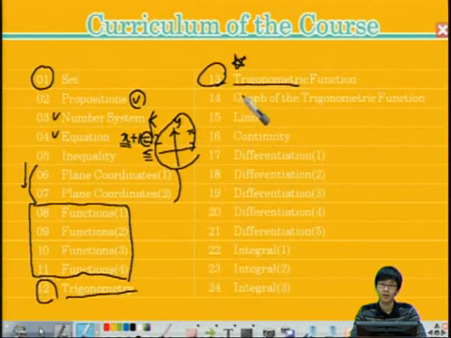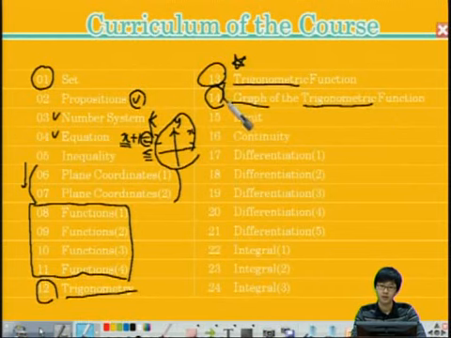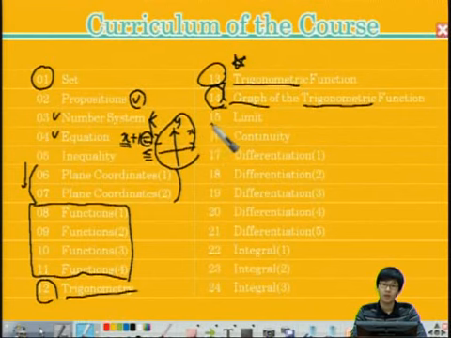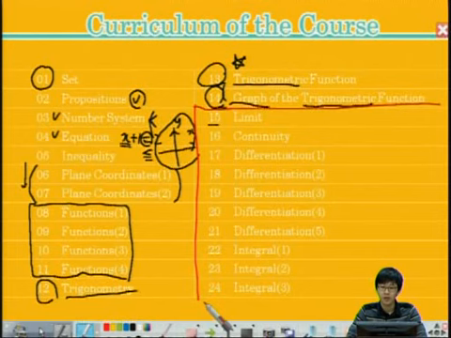So 12 and 13 and 14 are same, these trigonometric functions, and graph will be 14. And 15, from 15, new concept will begin. And 15 to 24 will be a second half.